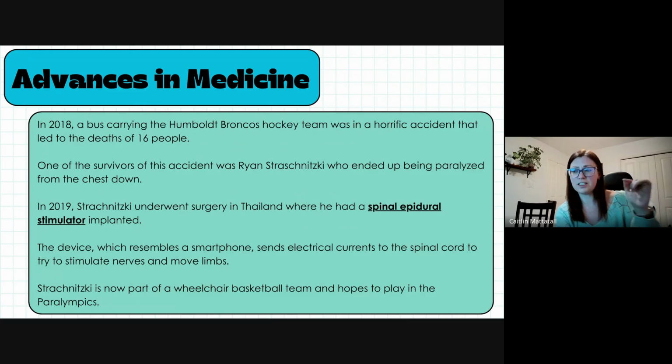And he had this thing called a spinal epidural stimulator implanted into his spinal cord that basically zapped his spinal cord every once in a while with electrical impulses. And this stimulates the nerves in the spinal cord below where that stimulation is happening and allows movement of his limbs. He was able to regain some of his mobility.